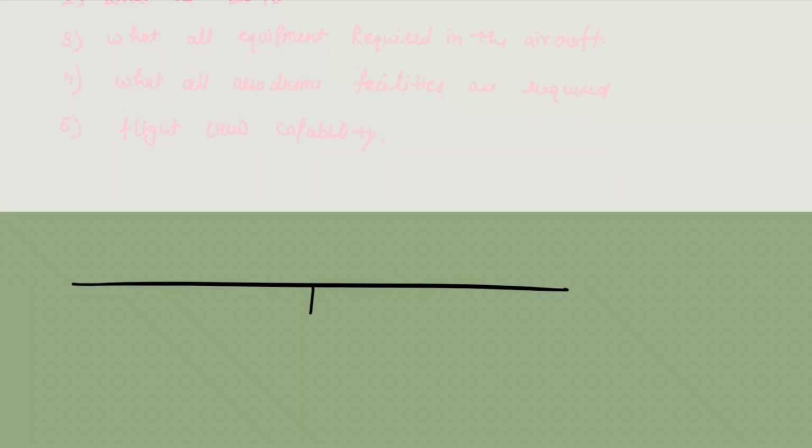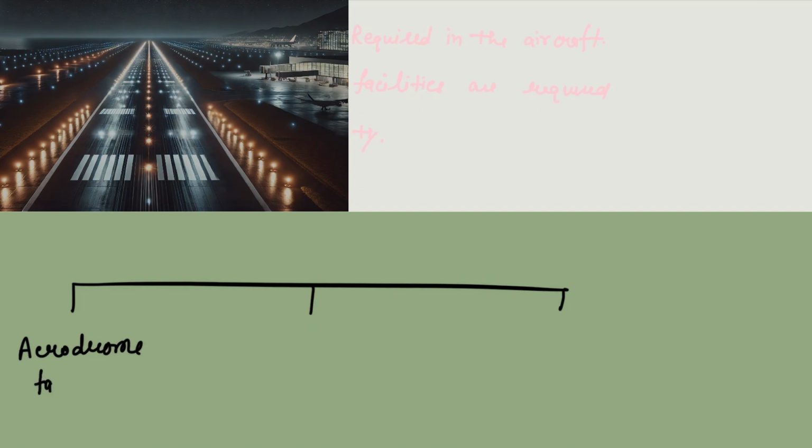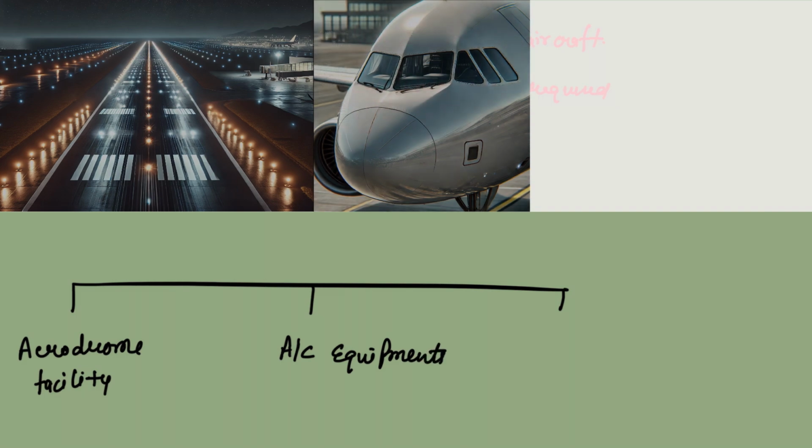So let me make it clear, there are three different components to perform low visibility operations. Number one, aerodrome facilities. Your aerodrome should be suitable to perform low visibility operations. Number two, your aircraft and its equipment.